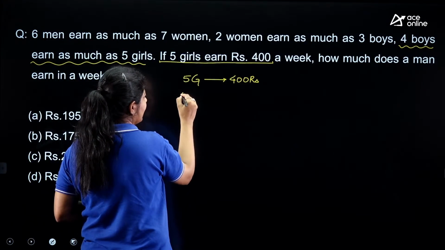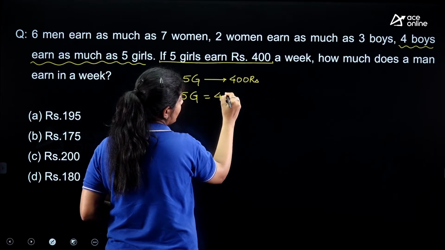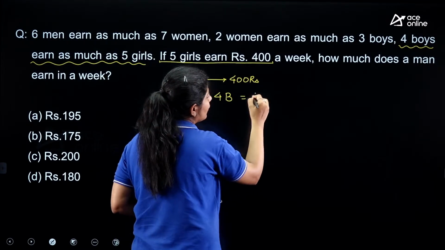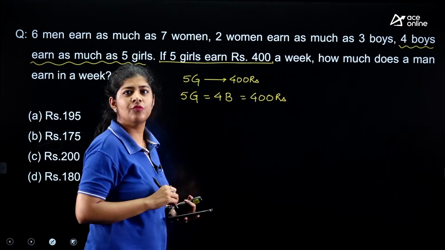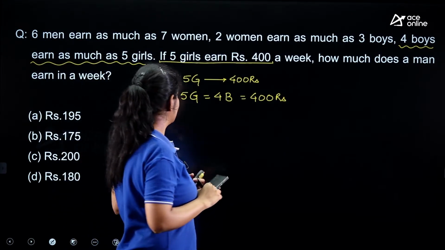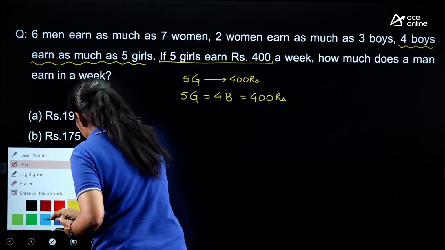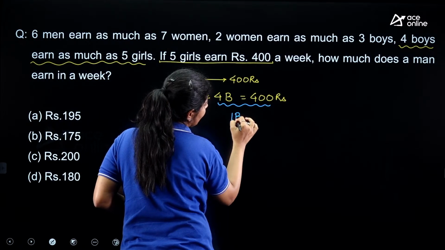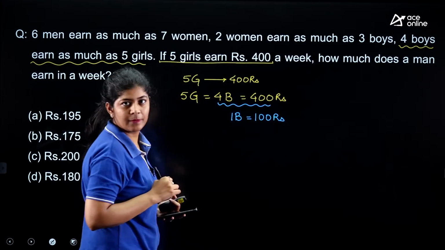So I can say that the amount earned by 5 girls is equal to the amount earned by 4 boys, and it is equal to 400 rupees according to this one, right? So from this relation we can say that one boy is earning 100 rupees.